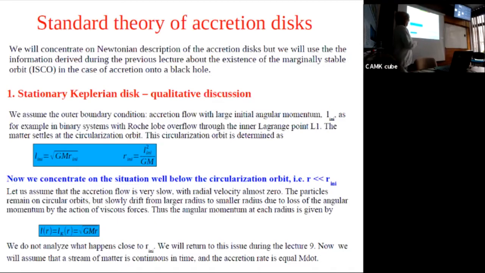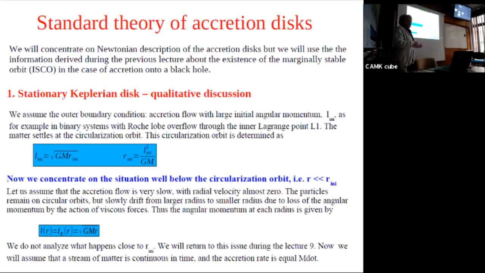This is a very complicated region. So now we will discuss just the part of the flow which is well below this troubled region, where the material slowly drifts. The radial velocity is much, much smaller than the Keplerian velocity of the rotation.